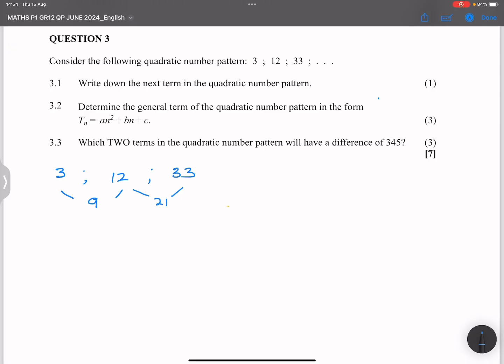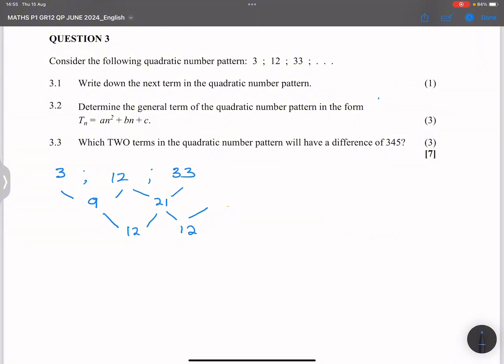And let's find out what is our second difference, right? If I say 21 minus 9, okay, so that will give me 12, okay? So remember that the second difference is actually constant. So that means I'm going to actually add 12 again to get the next term of my first difference, right?